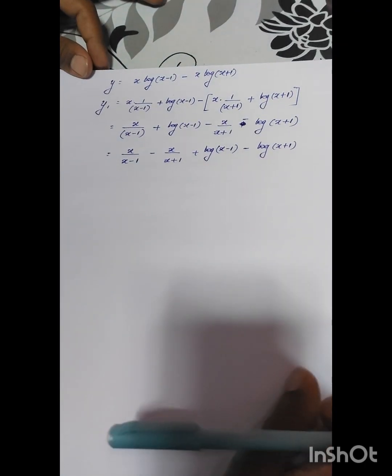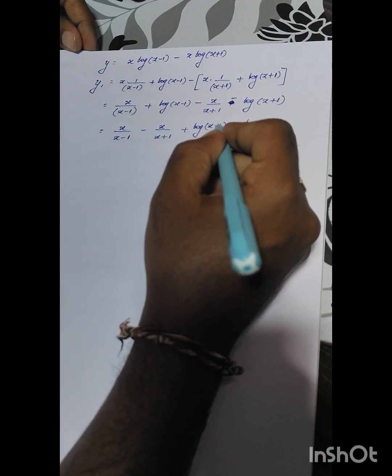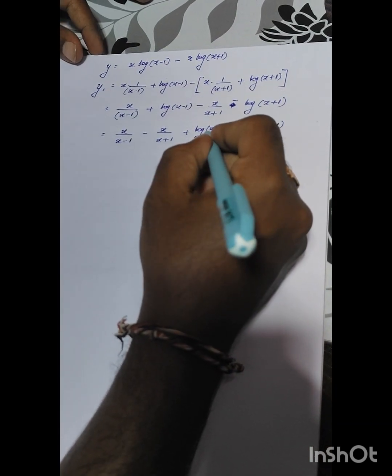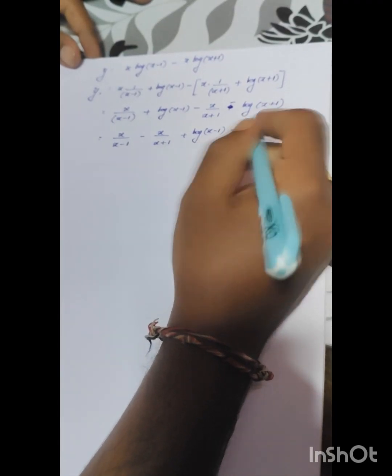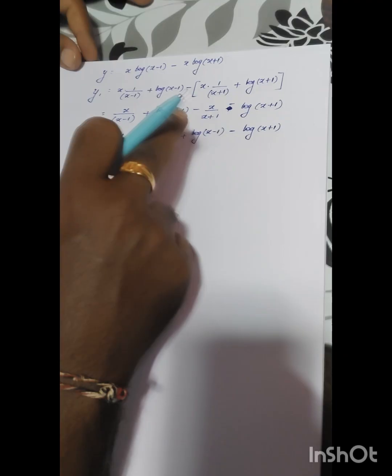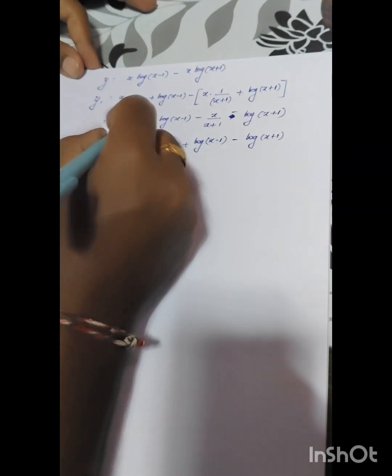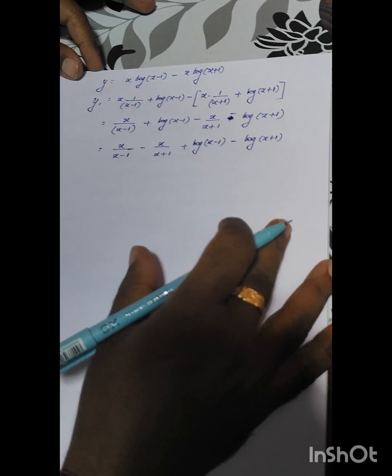So we know the nth derivative of the log of any function, log of ax plus b. If we take the first derivative, it will become 1 over x minus 1, so we will be able to get the nth derivative of log of x minus 1. But to get the nth derivative of this, we are going to use a trick.